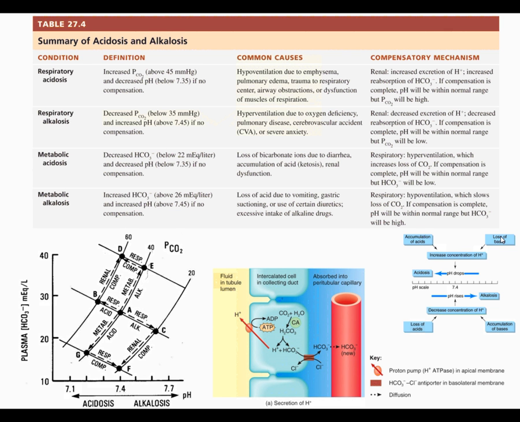And whenever we have a respiratory situation, we'll respond with a renal compensation. So we would increase the excretion of hydrogen ion and increase the rate of reabsorption of bicarbonate, and that should bring our pH back to normal. The figure on the bottom left shows what we can do in response to these various conditions.